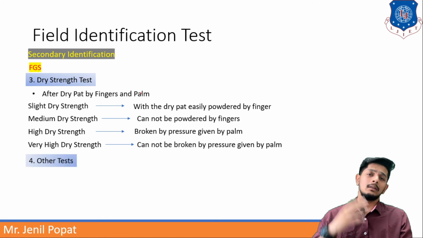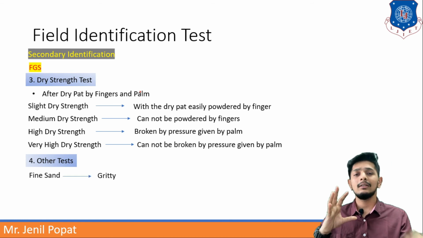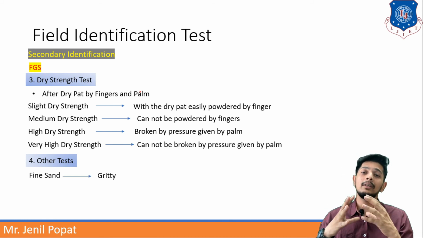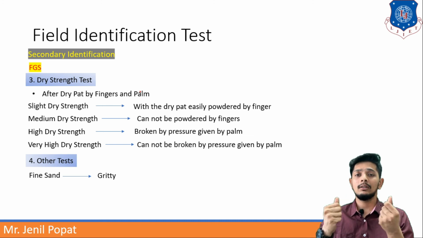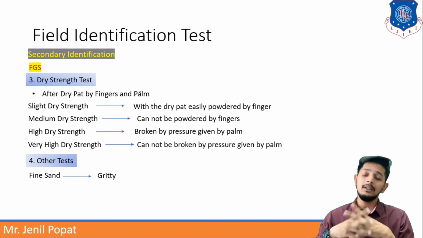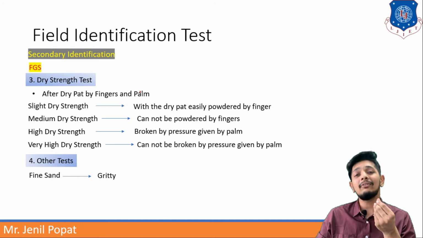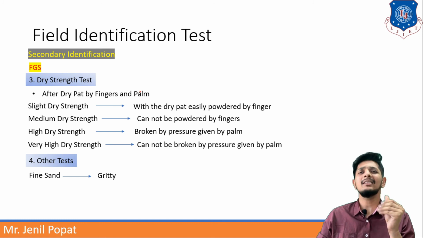Fourth are the miscellaneous, we can say, other tests. These tests are based on the feeling or texture of the soil. Fine sand will have a gritty feeling, like some grains in my hand.